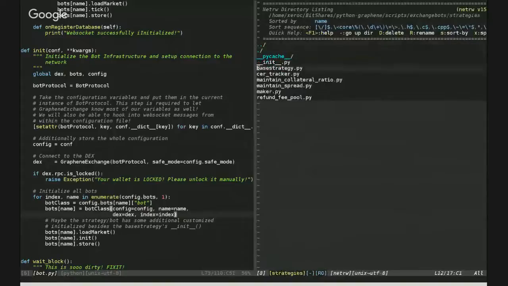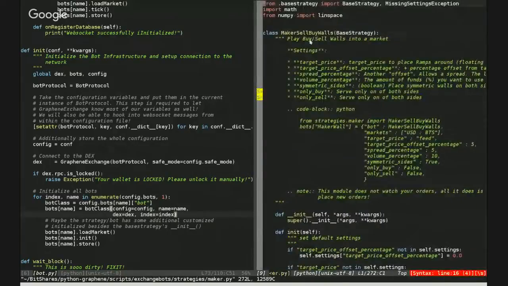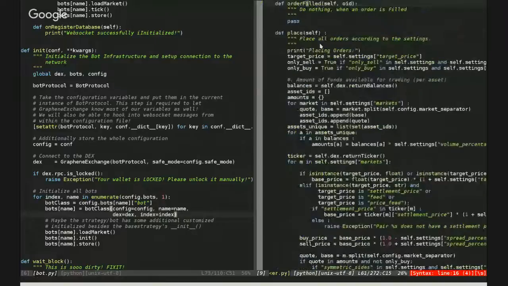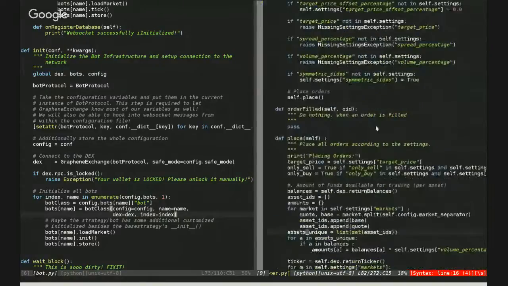So, for instance, there's a strategy that is called, what's the easiest one? A strategy that is called maker sell buy walls, and that thing does nothing more than put a sell and a buy order at a given spread. We can take a look into this in just a second.